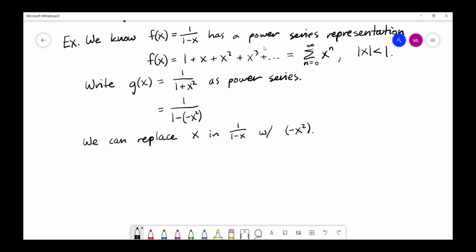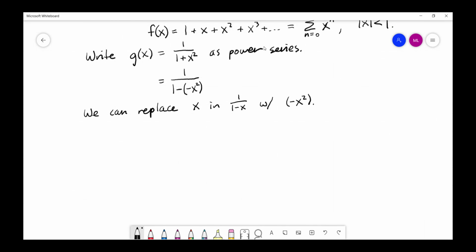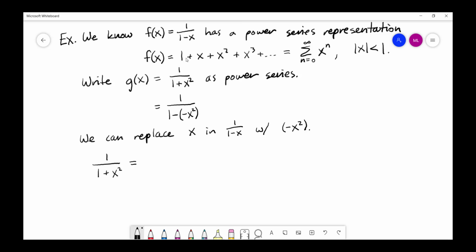What that will tell me is that if I want 1 over 1 plus x squared, it's going to be equal to, well, we look at the power series representation of the original function, and everywhere that x shows up, we replace it with a negative x squared. So the first one I'm going to have is 1 plus, well, there's an x, so that needs to be replaced with a negative x squared.